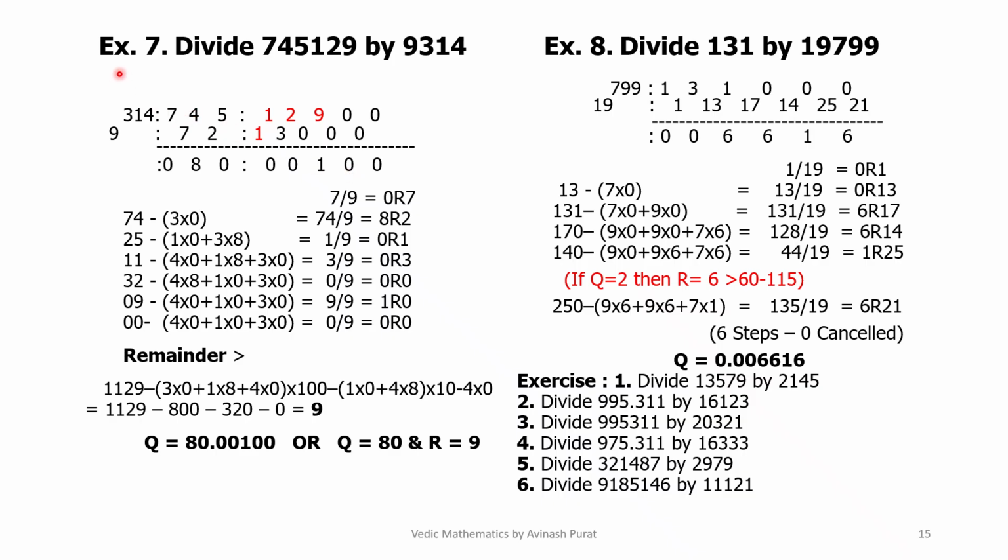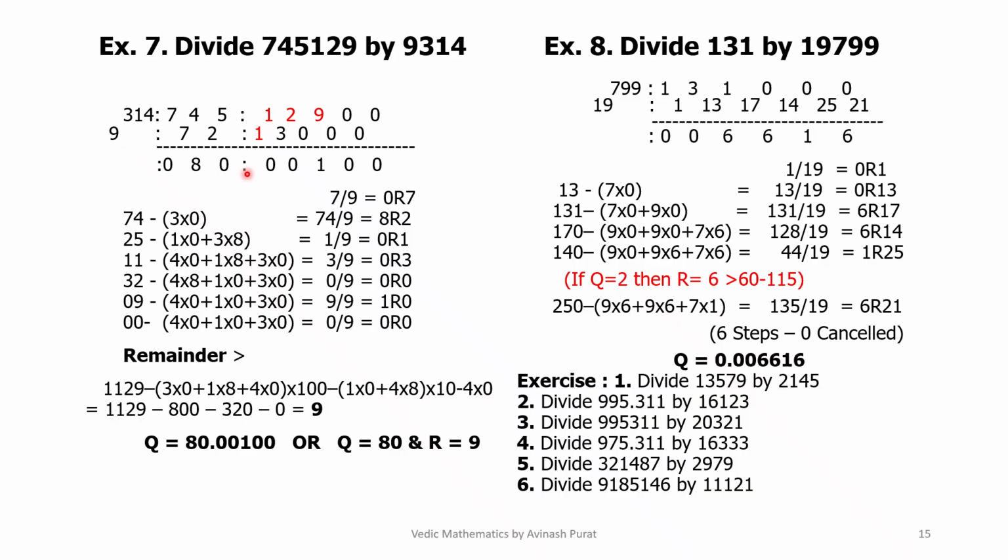Seventh example, divide 745129 by 9314. 9 is the divisor and 314 is the Dhvajanka, 3 digits. So 129, 3 digits are taken after the decimal point in the dividend.